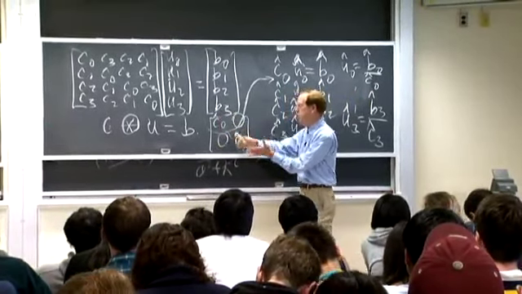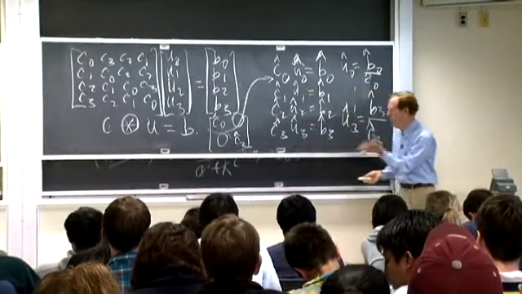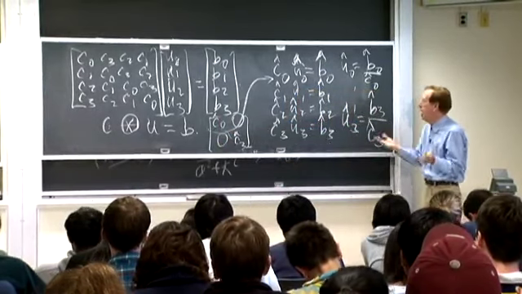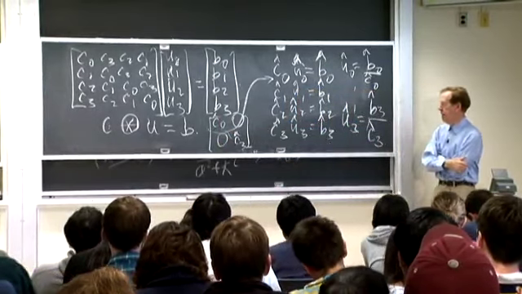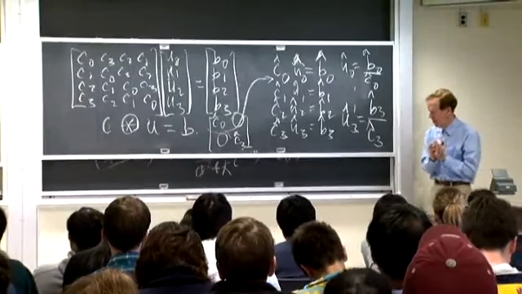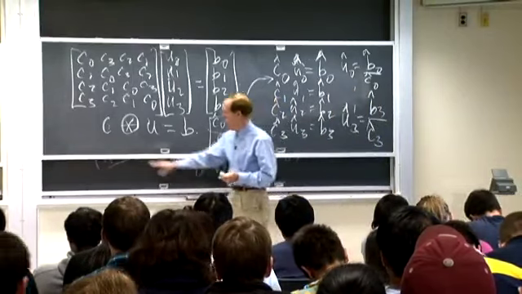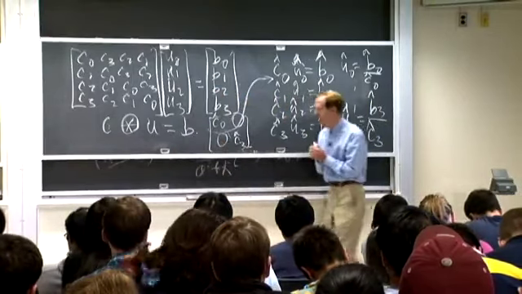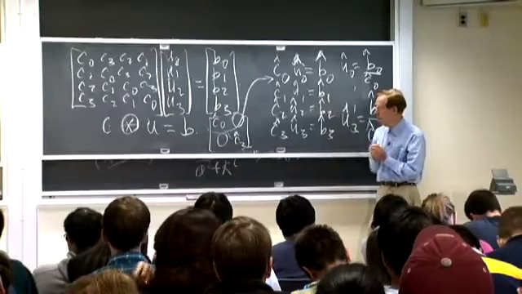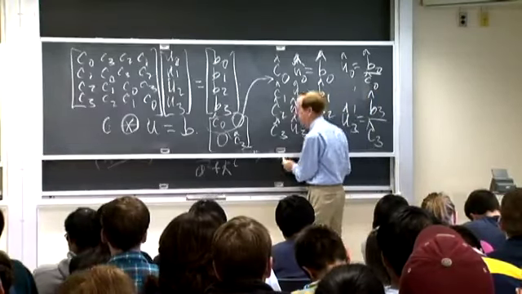So that's the message: the test for singularity is whether the Fourier transform of C hits 0. Then we're in trouble.